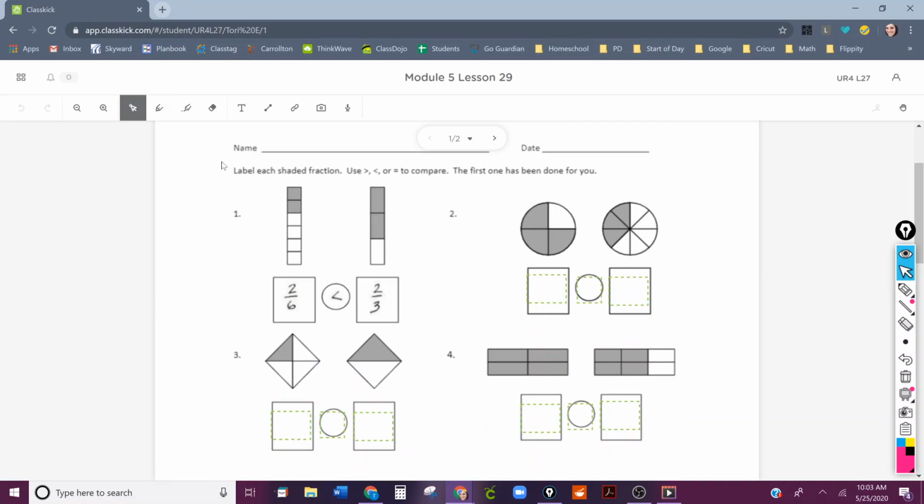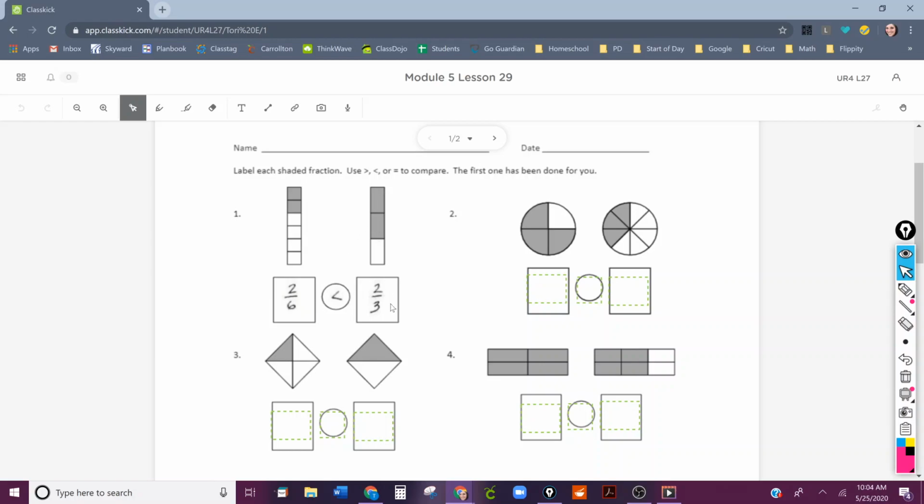Number 1 wants us to label each shaded fraction. Use greater than, less than, or equal to compare. The first one has been done for you. You can see that they shaded 2 pieces over here and 2 pieces over here, and then they wrote the fraction below, so they shaded 2 pieces out of 6.